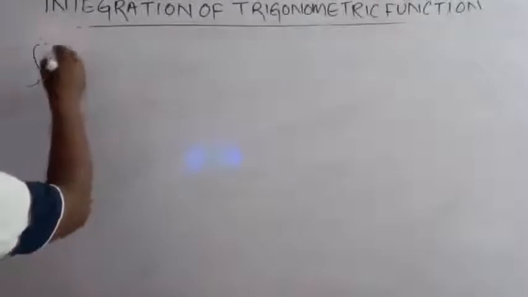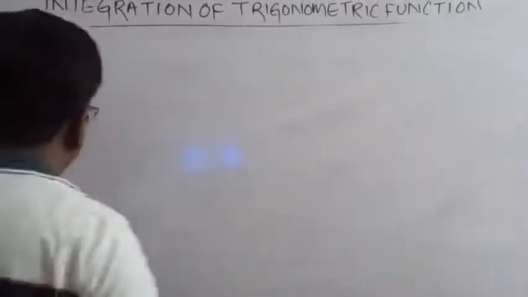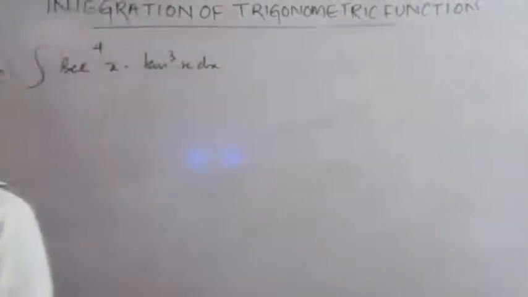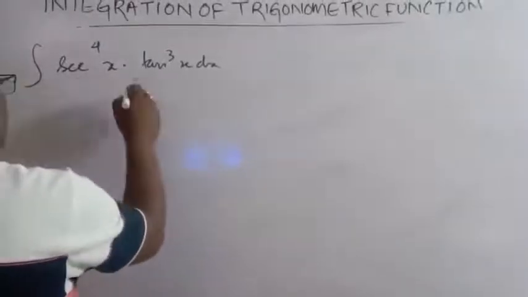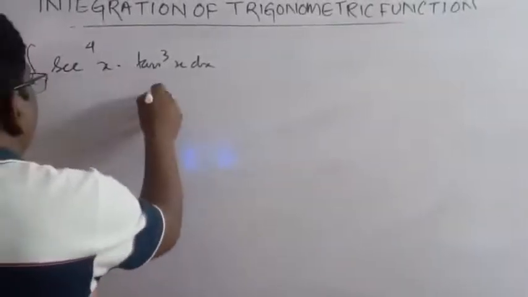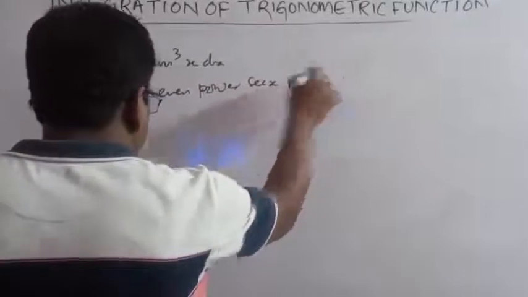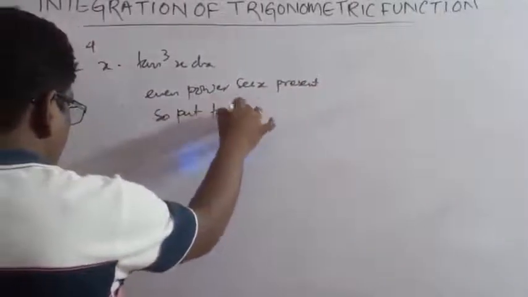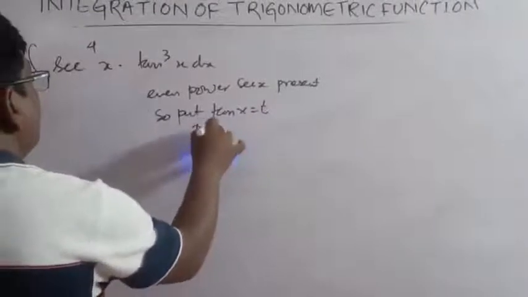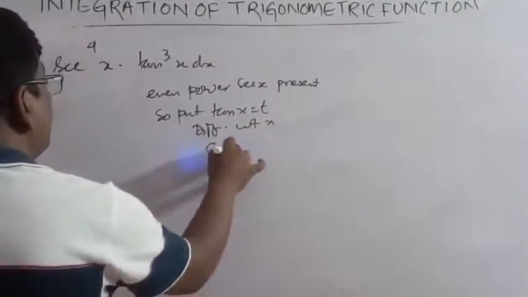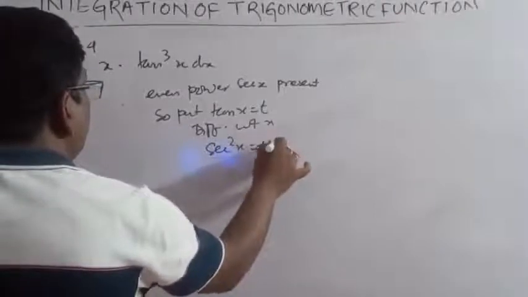Example of type 7, case 1: sec 4th x into tan cube x dx, suppose. So even power of sec x is present, so put tan x equal to t. Differentiate with respect to x: sec square x equals dt by dx.